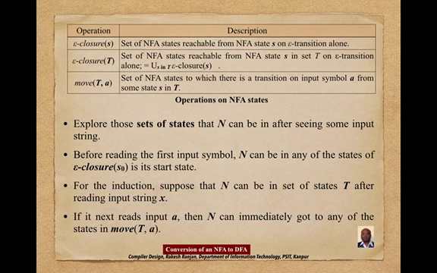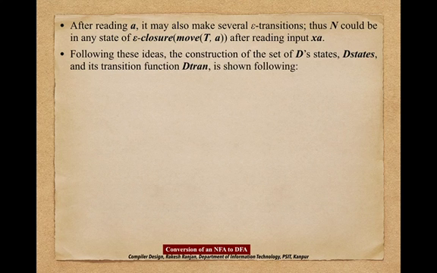If it next reads input a, then NFA N can immediately go to any of the states in move(T, a). After reading a, it may also make several epsilon transitions. Thus NFA N could be in any state of epsilon closure of move(T, a) after reading input xa.